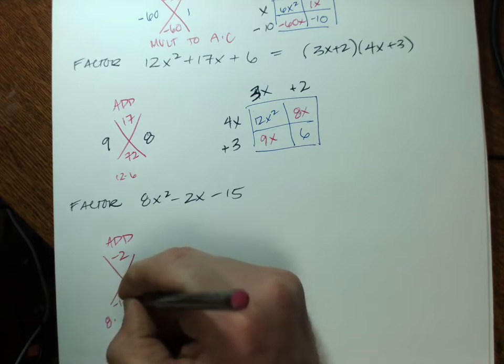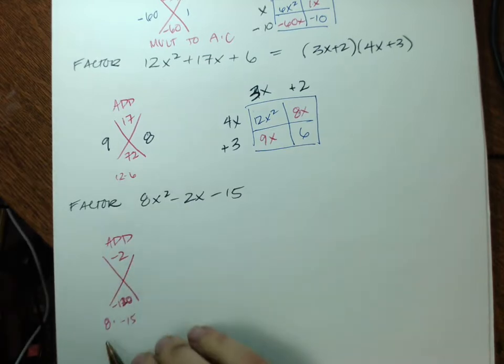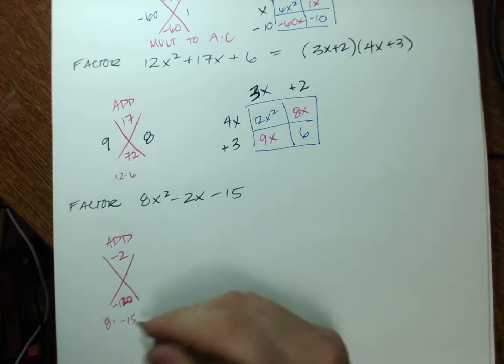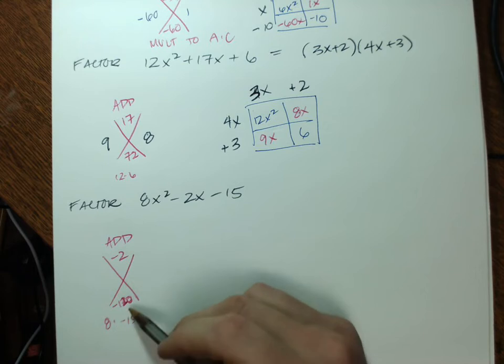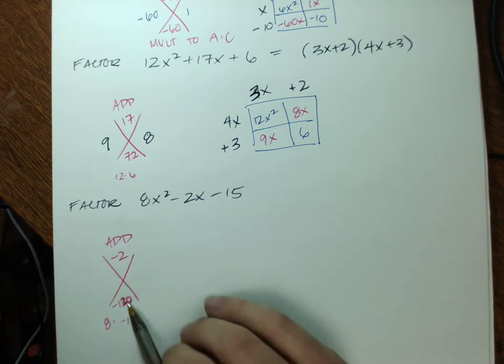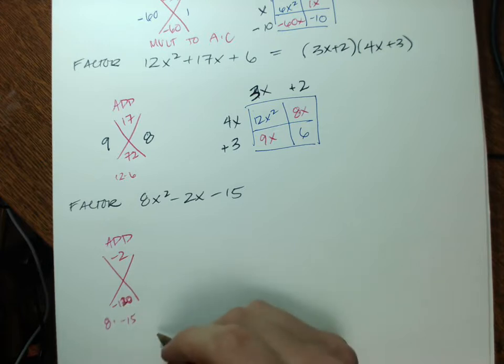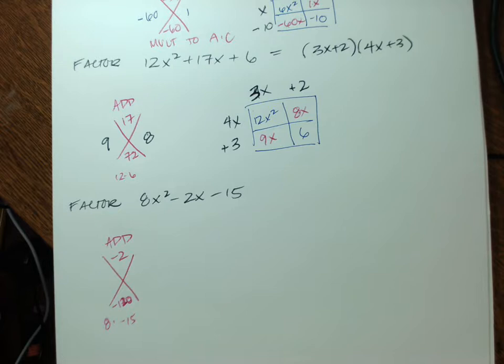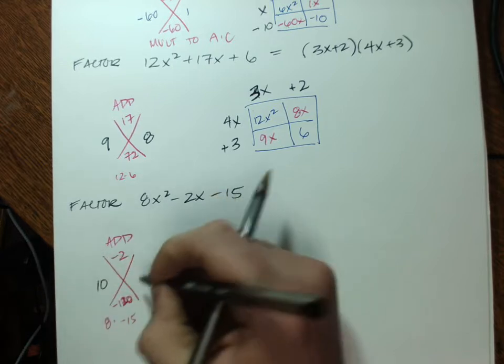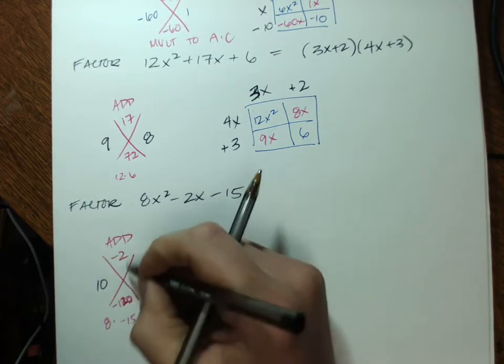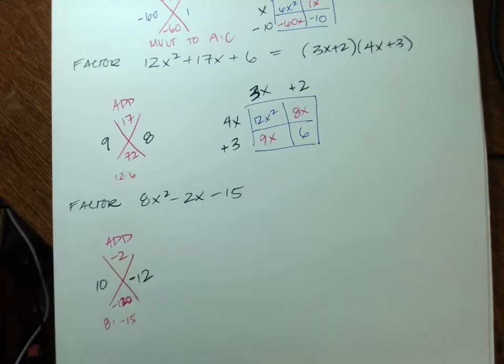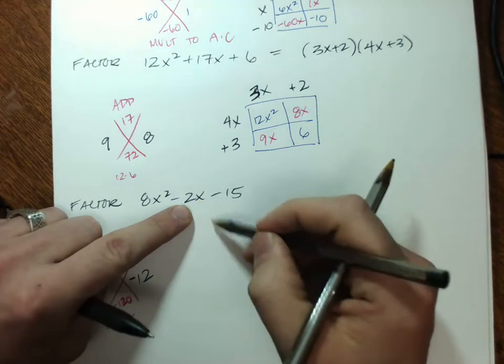Doing this in my head on the fly here. Yeah, -120. Okay, that one's a little bit trickier. I have to add up to -2. So -120 is probably 10 and 12. And to make it add to negative, this one's going to be negative.